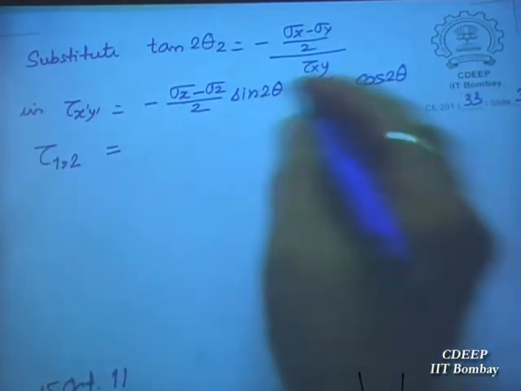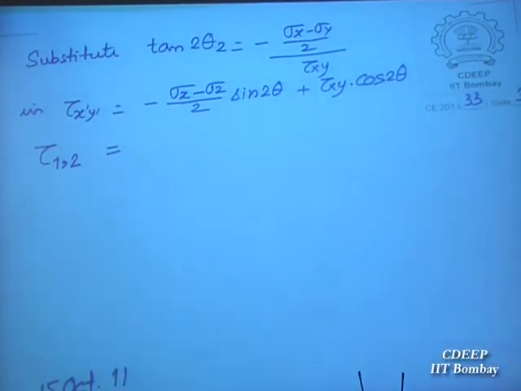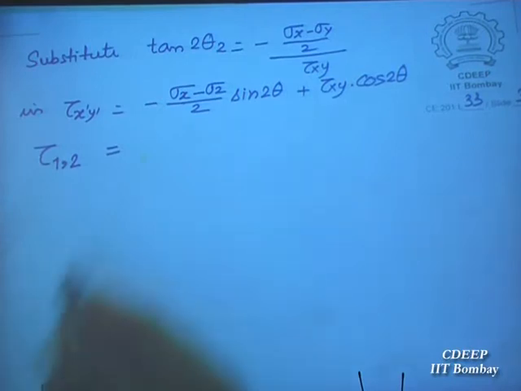So once you substitute this, I think now we'll have to have a minus sign. So minus sign means how to do it. Tangent 2 theta. Anyway, it comes out to be this only.